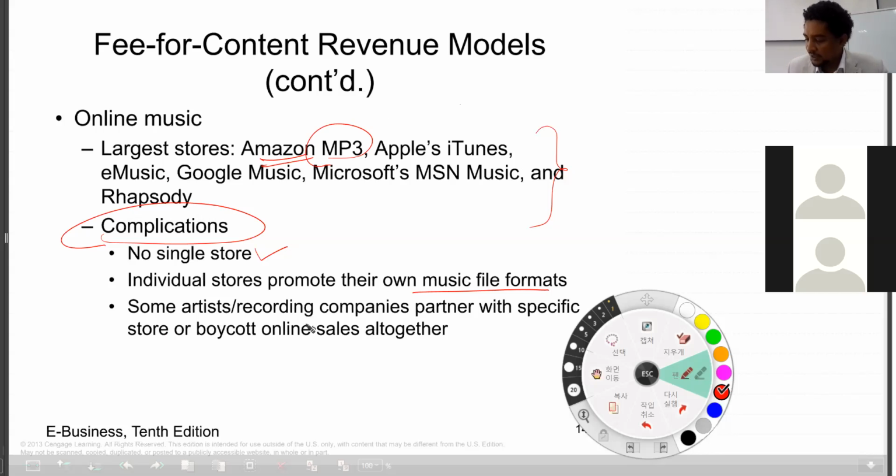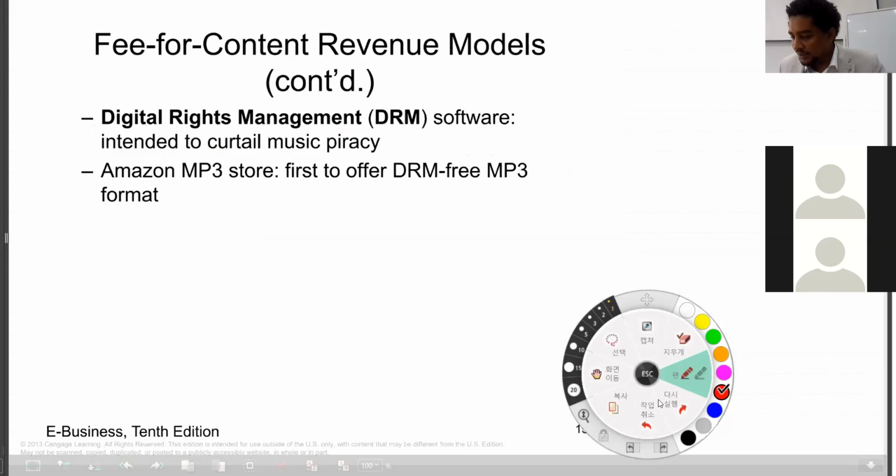And some artists and recording companies partner with a specific store or boycott online sales altogether. So these businesses are also easy to boycott. These might be complications, or challenges in opening a business online as a music store. Okay, and the other is digital rights management software intended to curtail music piracy.